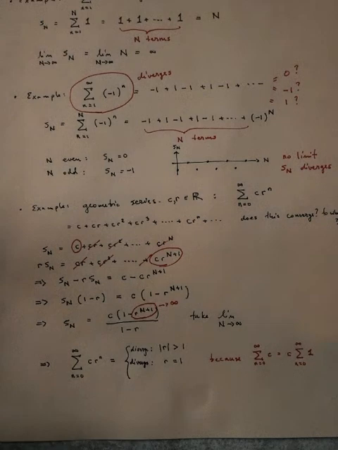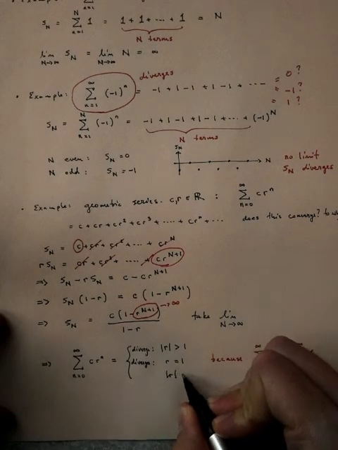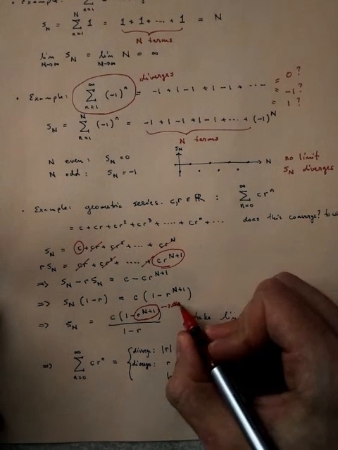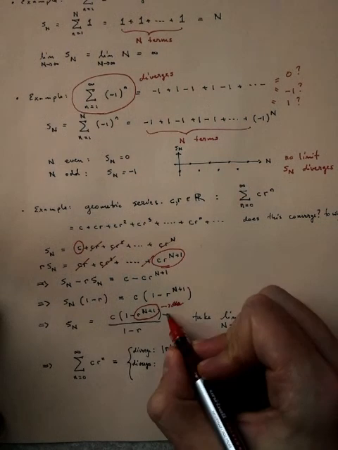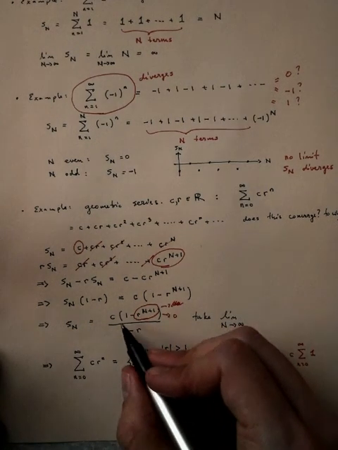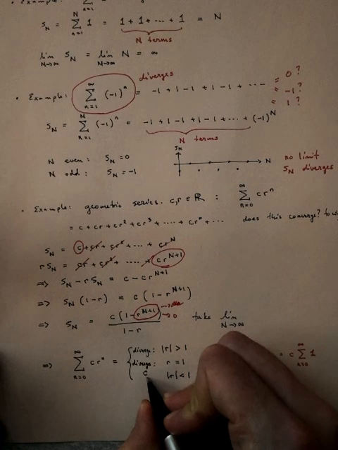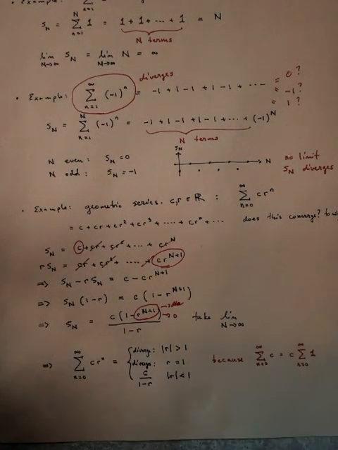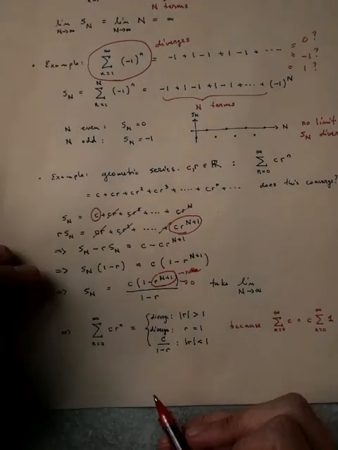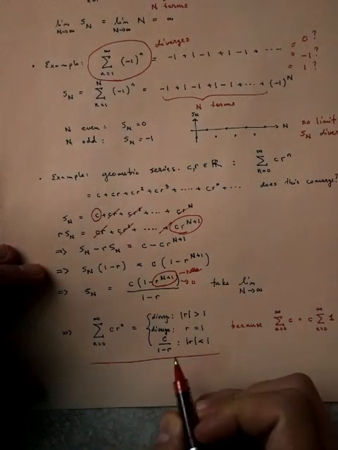So what's left is if r is less than 1. If r is less than 1, this guy will go to 0 as n goes to infinity. And what do I have left? I just have c divided by 1 minus r. So this is the formula for a geometric series.